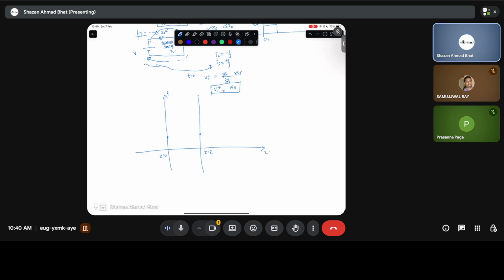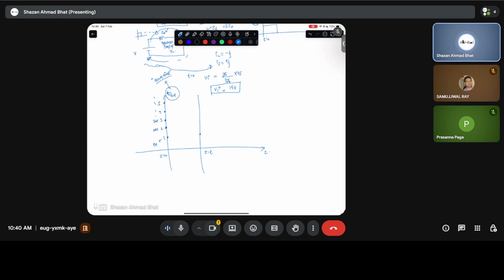This is, let's say, 1, 2, 3, 4, 5. So this is T over TD, not only T. That's why this is at time t equals TD, this is 2 TD, this is 3 TD, and so on. This is called normalized time. It's normalized with respect to the delay time. Just remember that it's never only time. That's why you can write 1, 2, 3, 4, and so on.